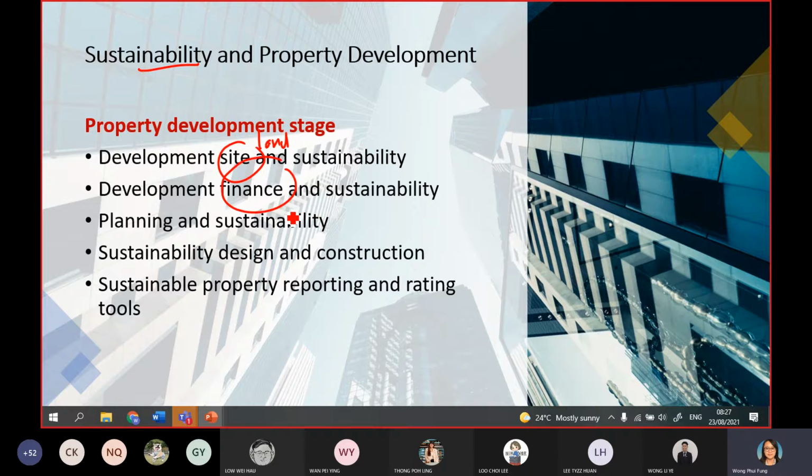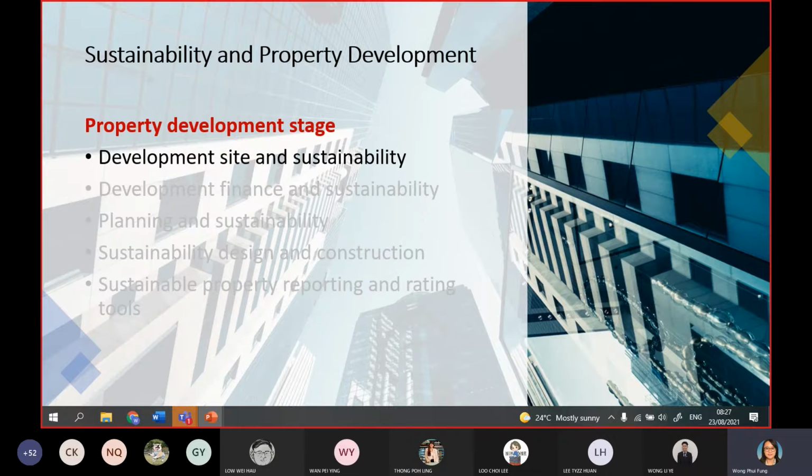The second is funding, how we can link finance with sustainability. Next are the planning stage, the design and construction stage, and the last one is the reporting stage, which is what we call CSR. So we talk about the first one first: development site and sustainability.